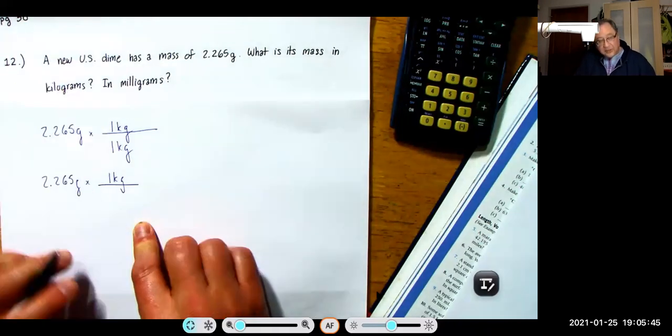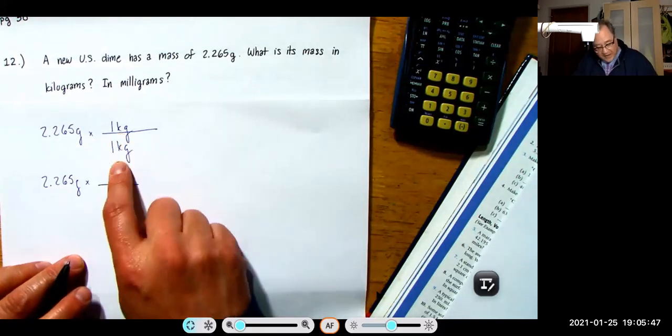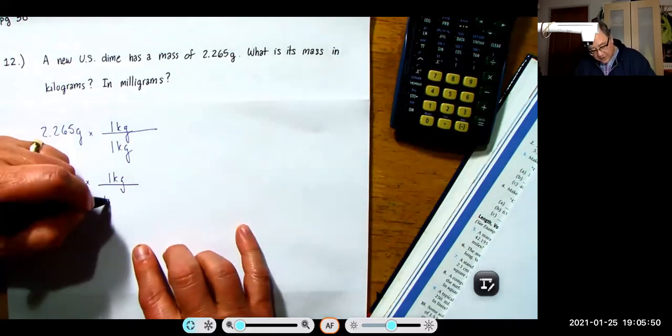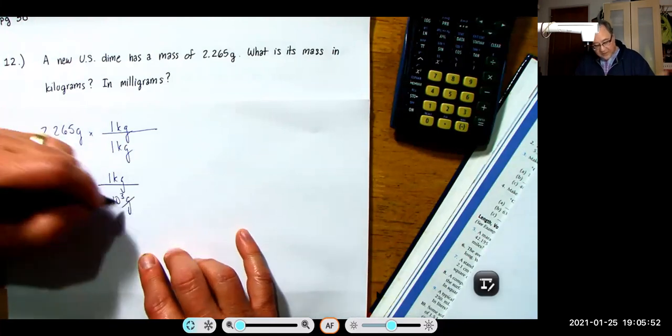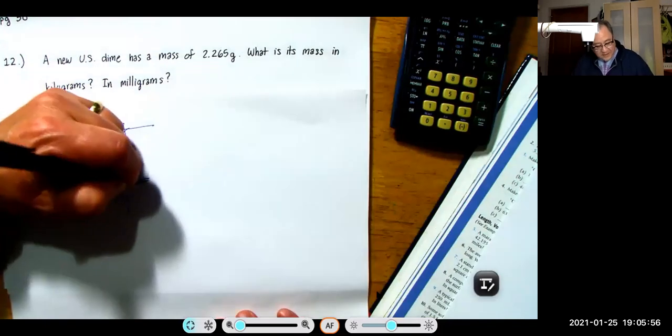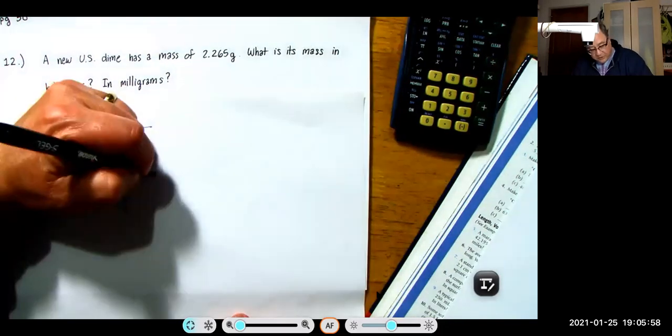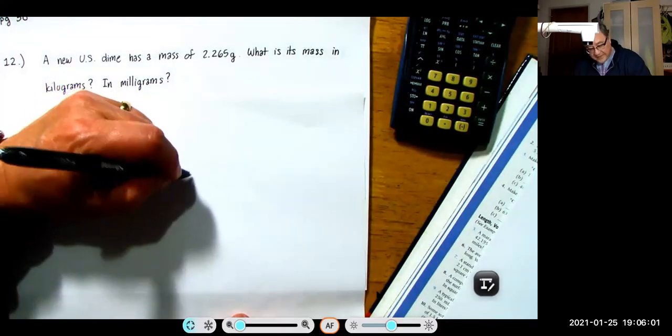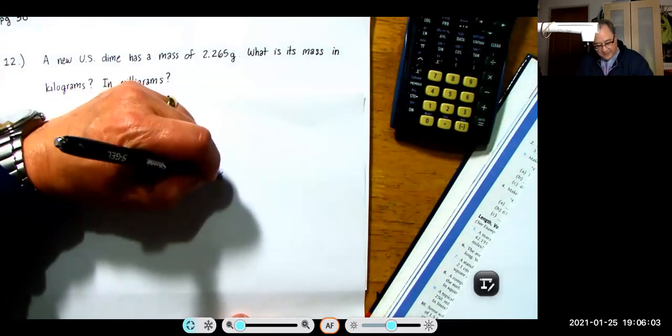I'm going to keep this upper k, but this lower k, I'm going to change to 10 to the third. That way the grams cancel and I don't have any unit on the bottom. And you can see that this ends up being 2.265 times 10 to the negative 3 kilograms.